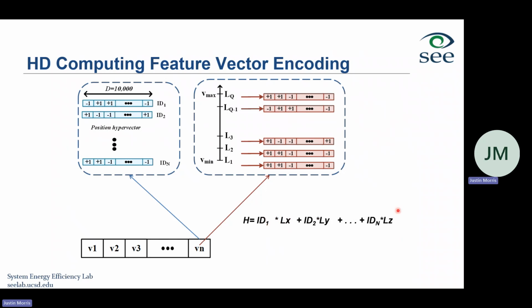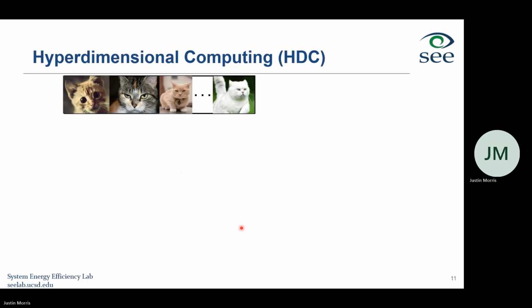So in the end, H is again a 10,000 dimensional vector. So we're going from this dense 100-dimensional feature vector to this sparse 10,000 dimensional pattern that represents that feature vector. So that's encoding. That's how we get these things into high-dimensional space.